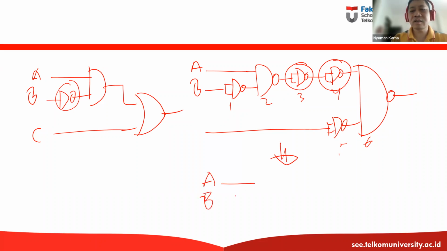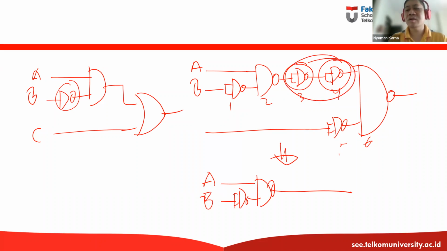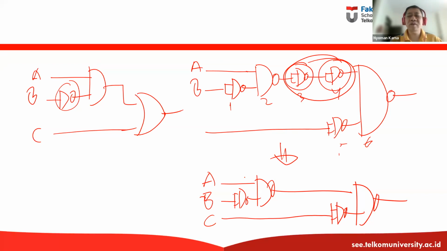A, this is B, and then, well, it's A not not A. We just forget about these two inverters. So it becomes something like this. So now we have only 1, 2, 3, 4 NAND gates. Exactly the same amount as the 7400.